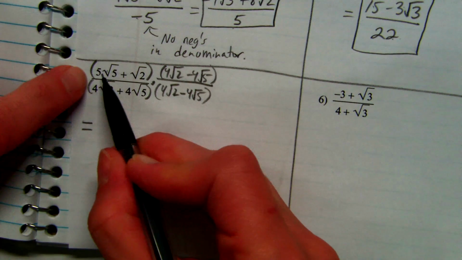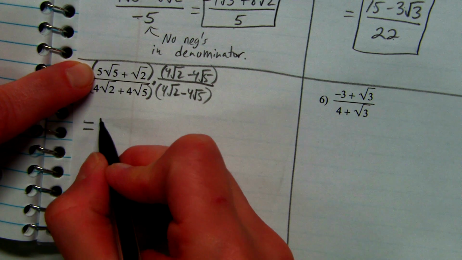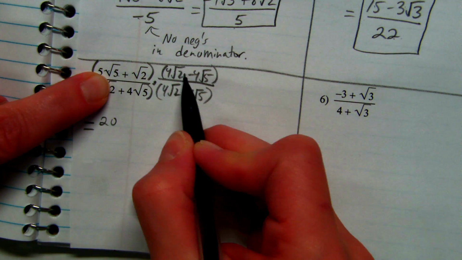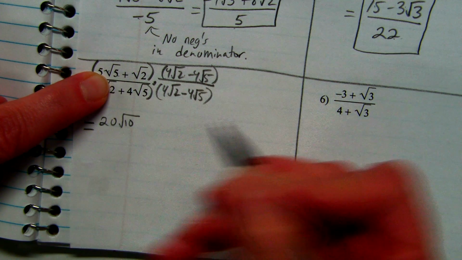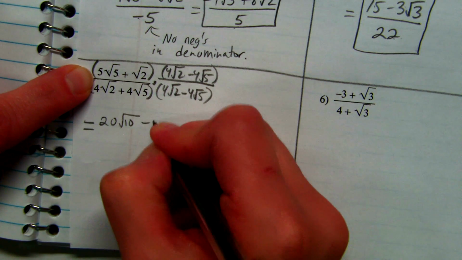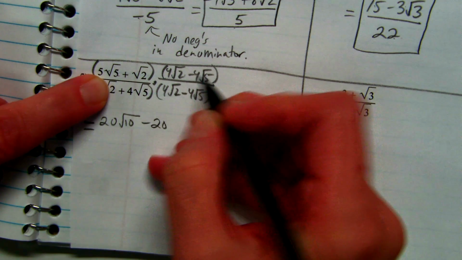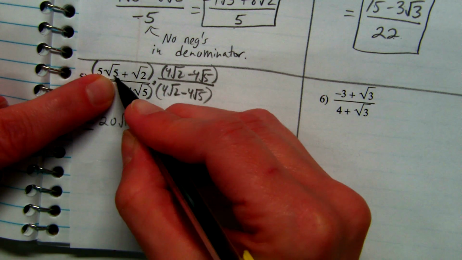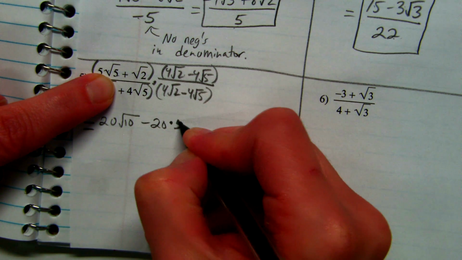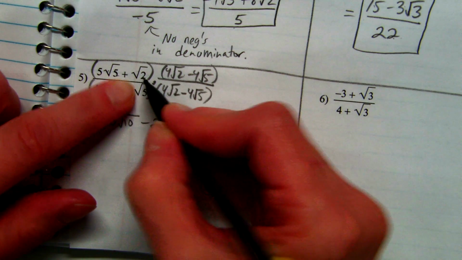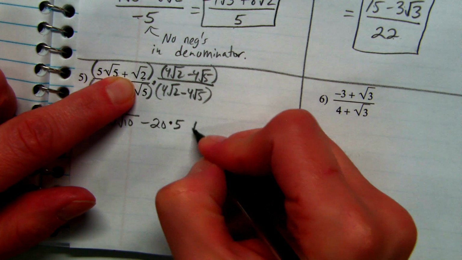So on the top, I'm going to take 5 times 4. That's 20. Square root of 5 times square root of 2 is radical 10, square root of 10. That's my first. 20 minus, times 5. Okay, so 5 times 4 is 20. Square root of 5 times square root of 5 is just 5. So I'm just going to put 20 times 5. Inside, 4 times 2.